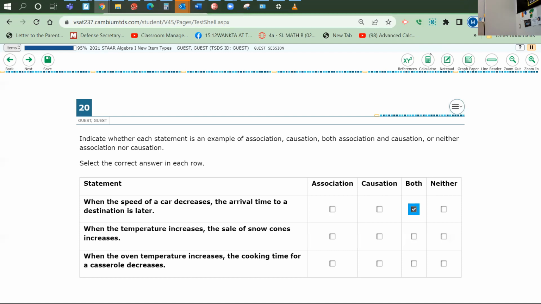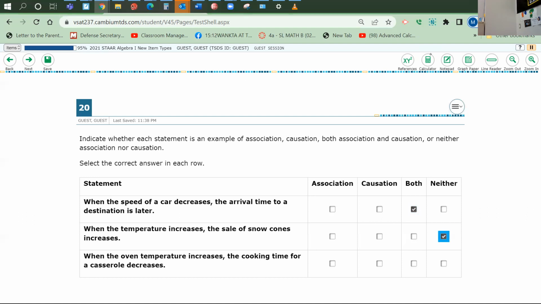I don't think so. If it goes to 100 degrees, the sale of snow cones is not going to increase. So there's not a direct link between snow cone sales and temperature. Here in America, people tend to buy snow cones in the summer, but that's not a direct link. So this one's a kind of hard concept. I would say neither on this one.